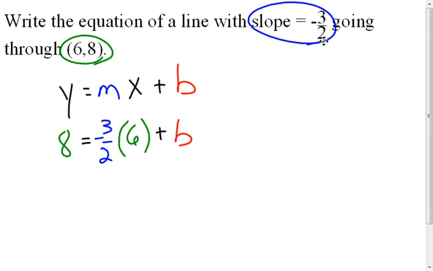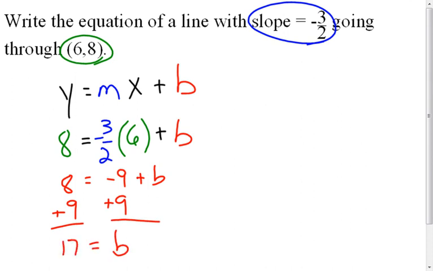Go through, solve this, multiply, I'm going to end up with -9 here. 8 equals -9 plus b, add 9 to both sides, and I just found out that my b, or my y-intercept, is 17. Therefore, now I can come back to my equation: y equals mx plus b. The slope m is -3/2. b is 17.